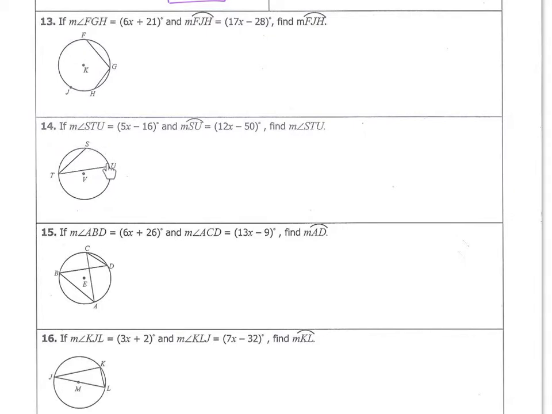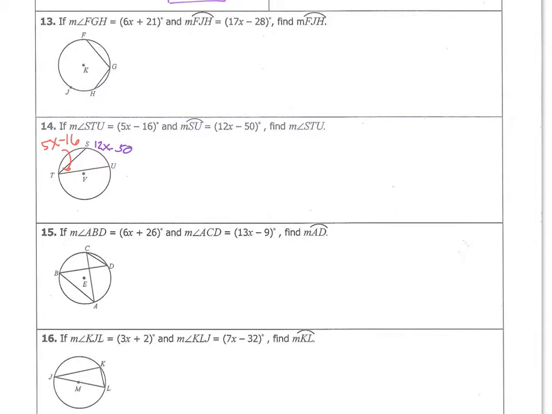So they give you the measure of angle STU. I'm going to write that in here. Right here, this is 5x minus 16. And then they give you the measure of SU as being 12x minus 50.